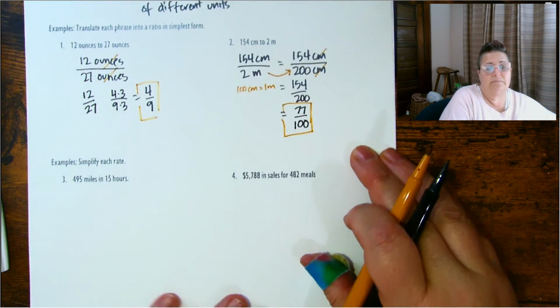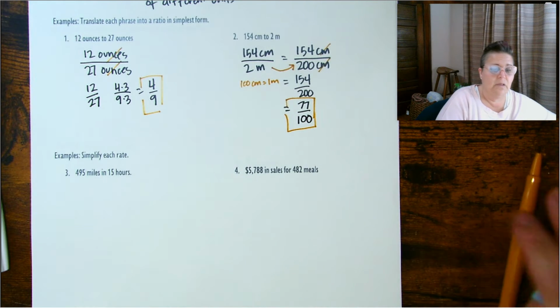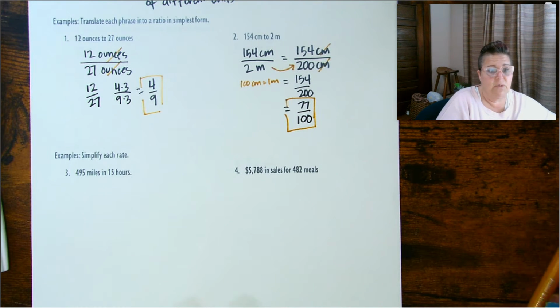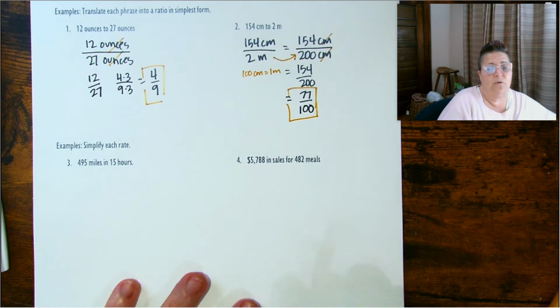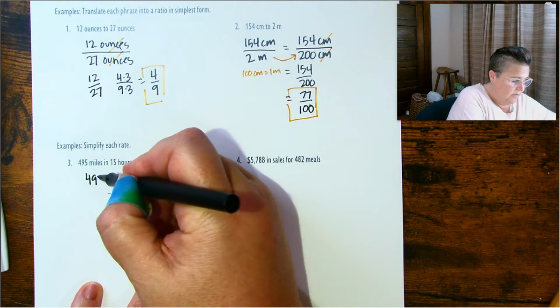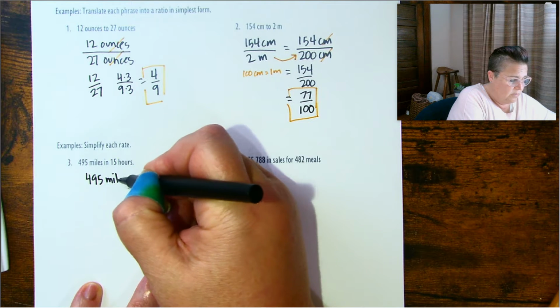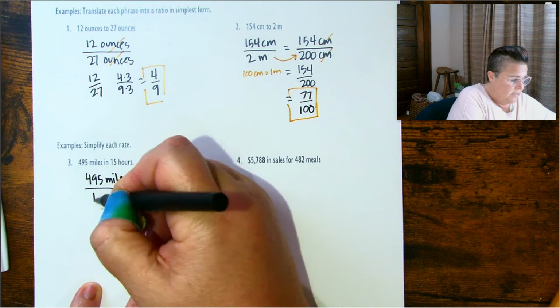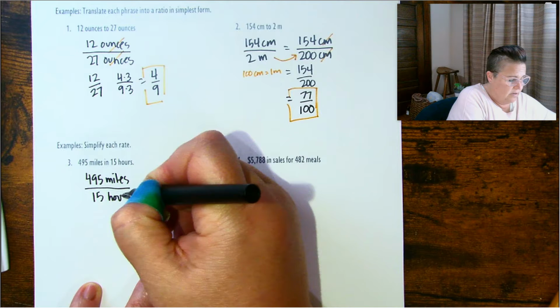All right. Now let's take a look at rates. Rates are comparisons of different units, as we said above. If I have 495 miles in 15 hours, 495 miles is the first number. It goes in the numerator. 15 hours goes in the denominator.